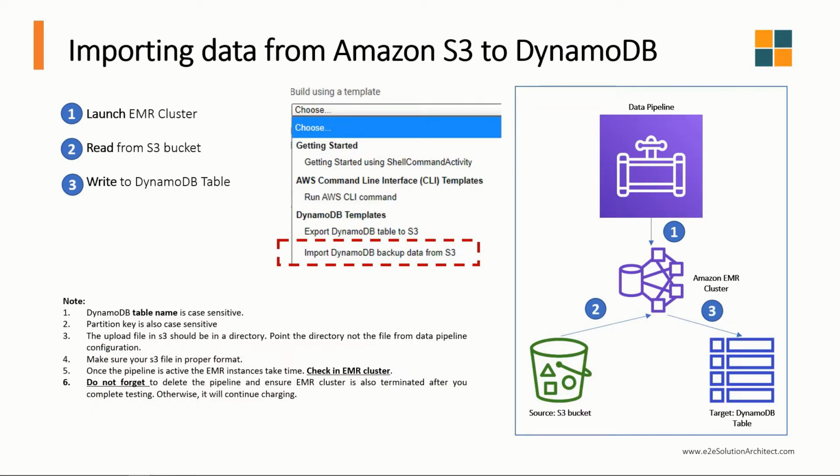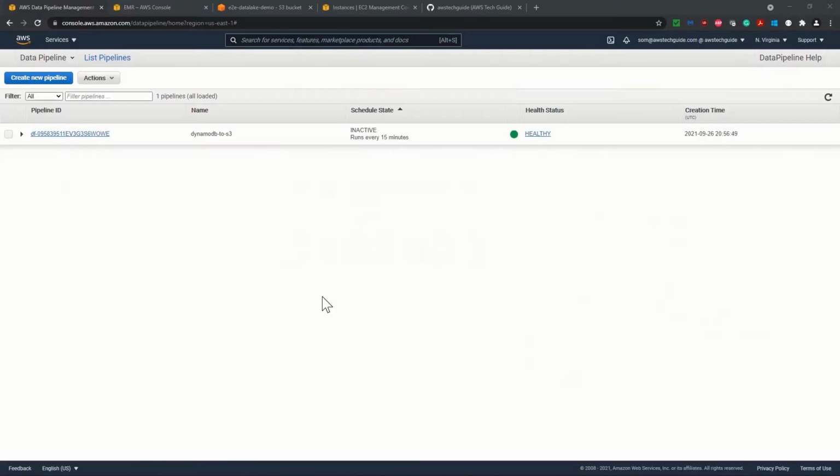From Amazon S3 we will transfer the data and populate the DynamoDB table using data pipeline. We will use the built-in template already available in AWS data pipeline. Okay, so let's proceed to the AWS Management Console.